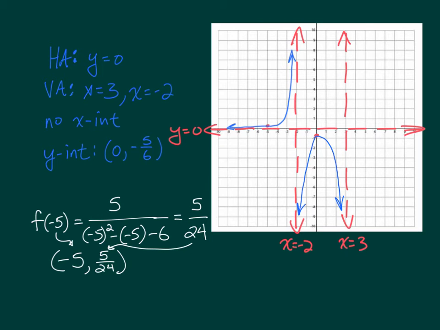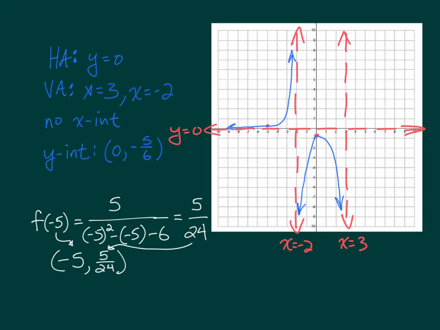And for our last section over here, to the right of this vertical asymptote, we need to figure out if it's above the horizontal asymptote or below the horizontal asymptote. And we're going to do something very similar to what we did down here. We need to pick a value that is to the right of this vertical asymptote.